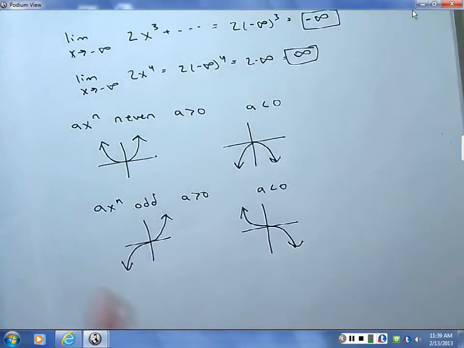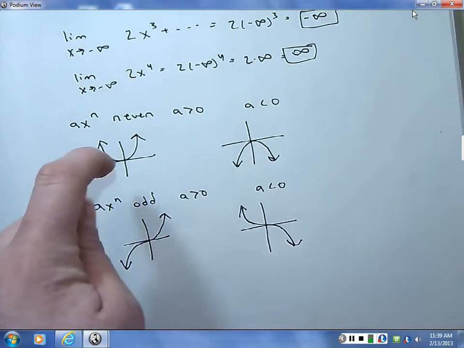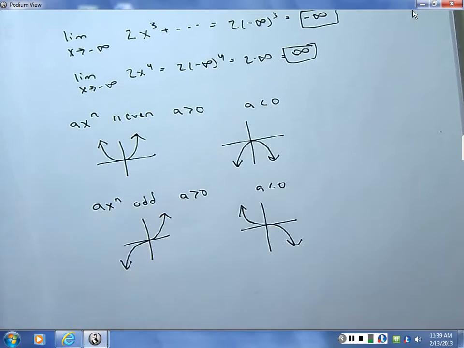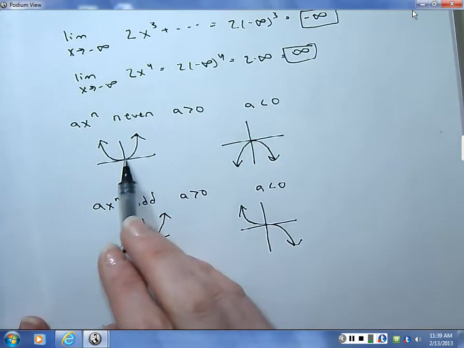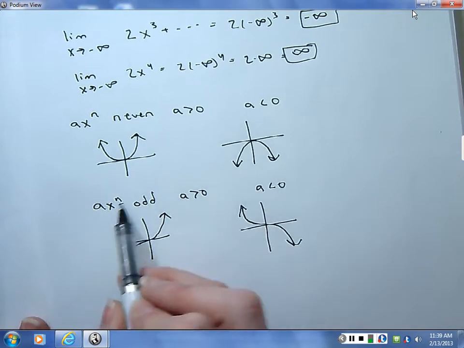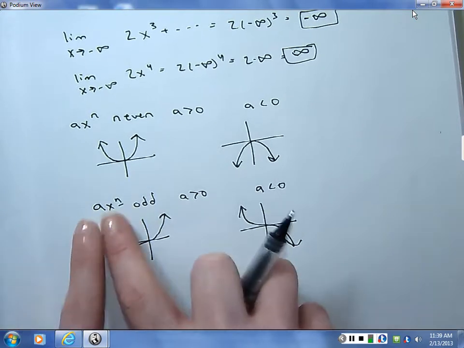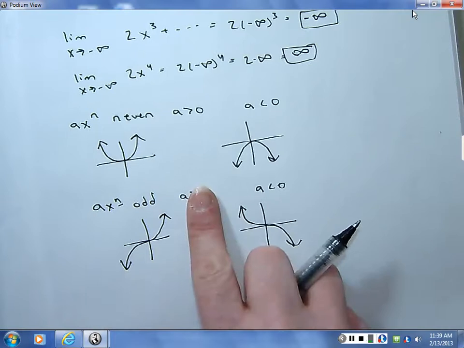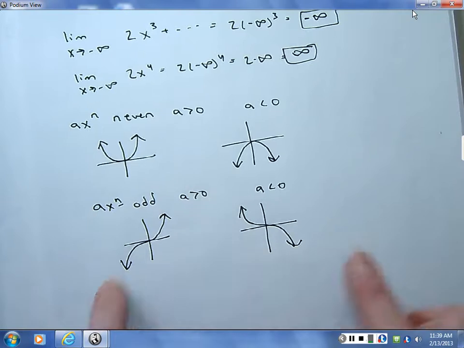So you can see from the graphs, the end behavior is going to be both positive or both negative anytime x goes to infinity or minus infinity. That's what I mean here. Both positive or both negative. If the highest power is odd, depending on the coefficient a, it's going to be positive infinity or minus infinity. And they're going to be different from each other.